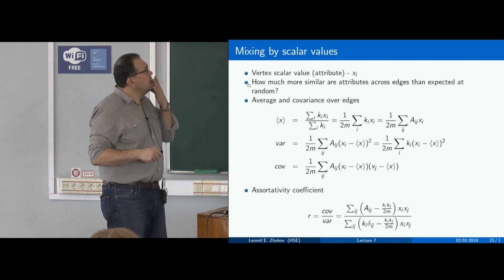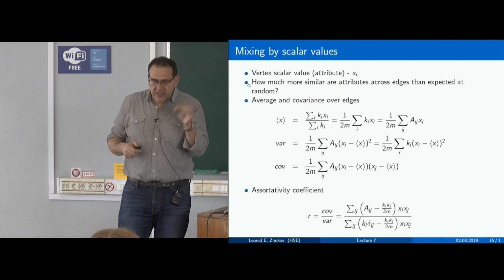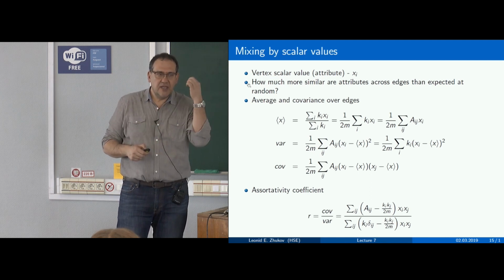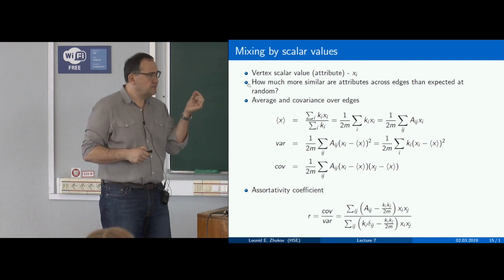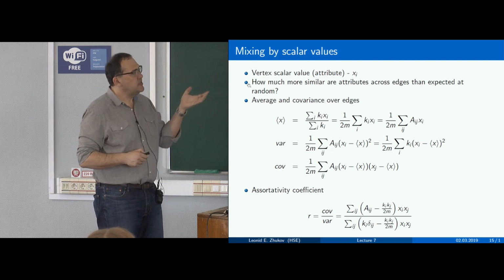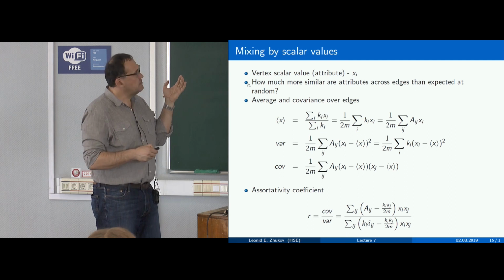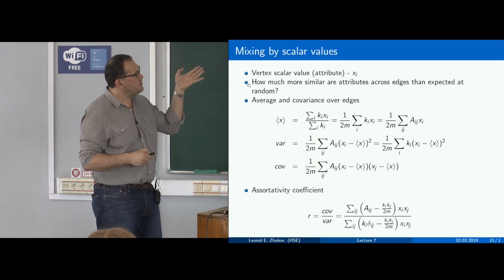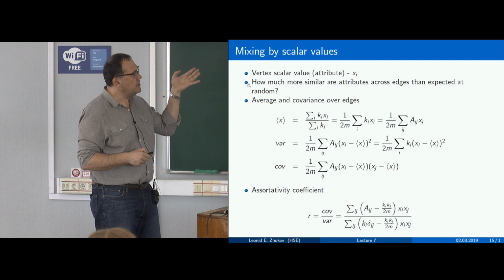Now, that was a metric for attributes that are labels, like sex, or, I don't know, political preferences, which is categorical.